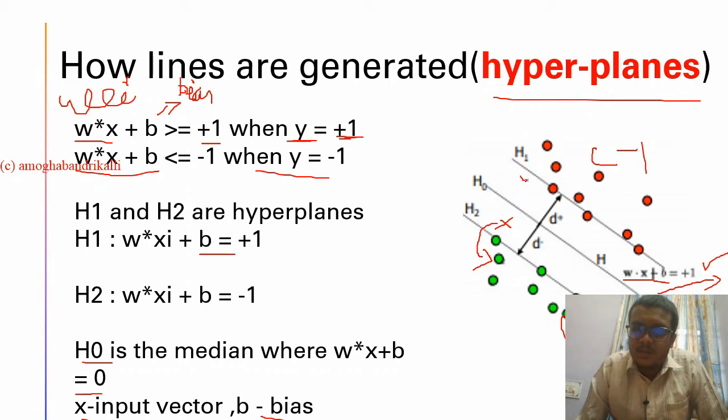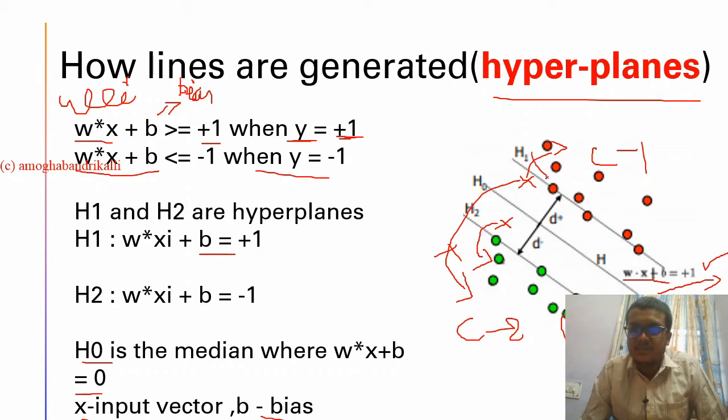Similarly, if you choose this hyperplane and the new point is available here, it belongs to class 1. But due to this hyperplane selection, it will say that it belongs to class 2. So this is a wrong decision. This is what is going to happen.